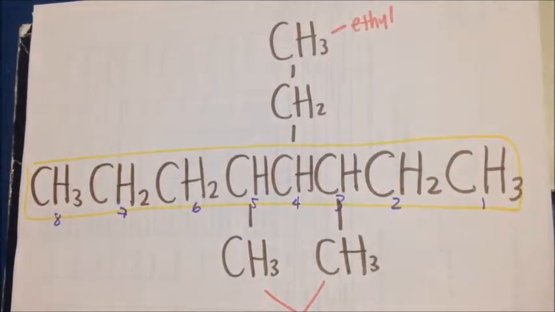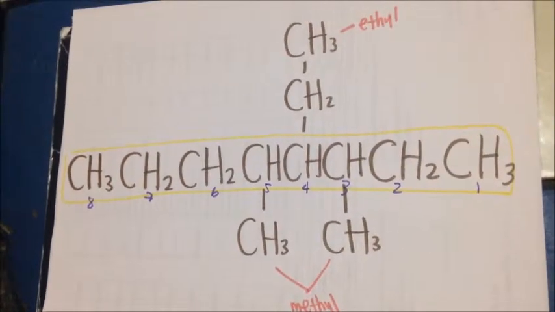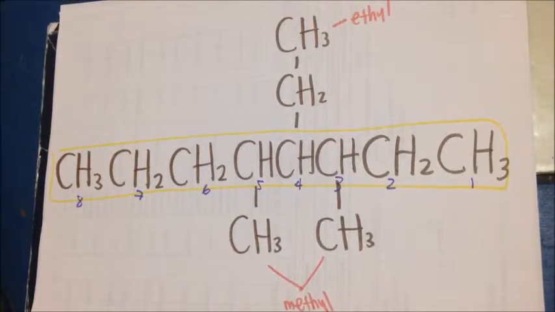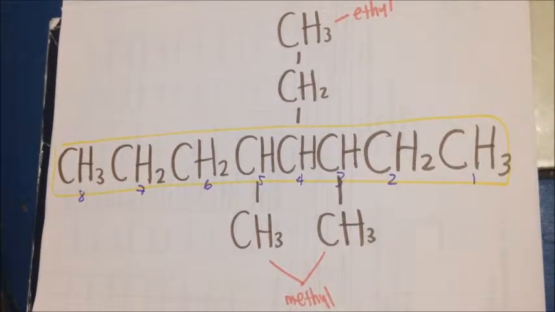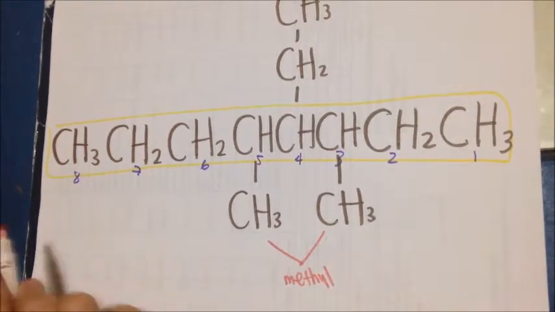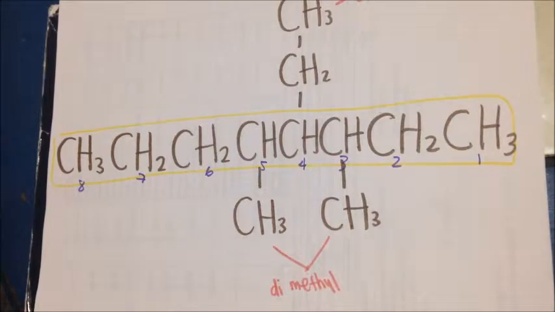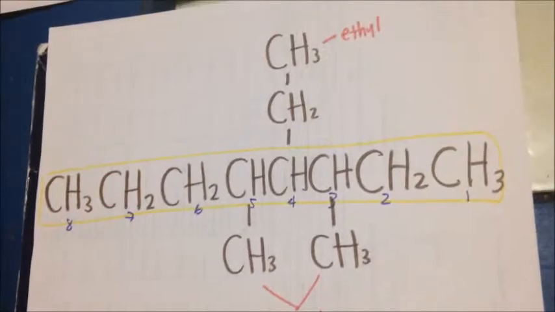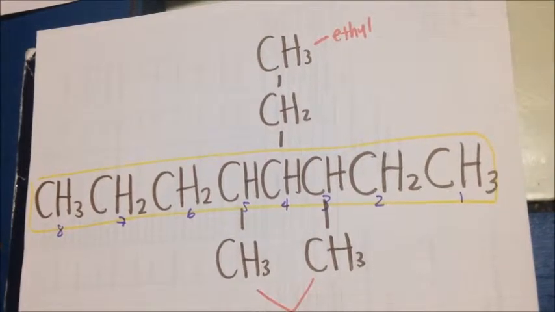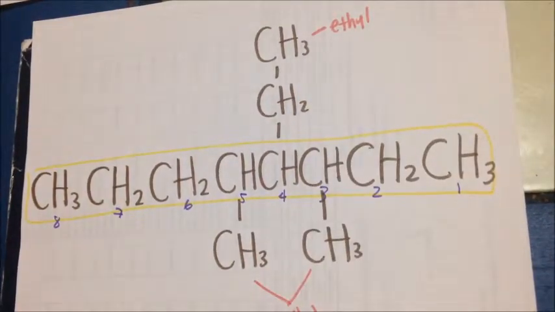Now that we have the names of the substituents, we have to use the prefix. In this case, we are going to use di because there are 2 substituents of the same kind in the chain. We are going to use dimethyl. And here we are not going to put anything because it's just one substituent.